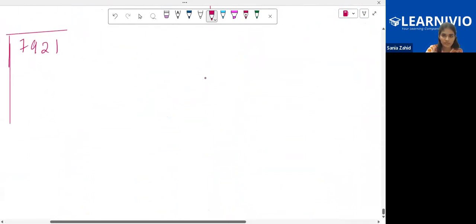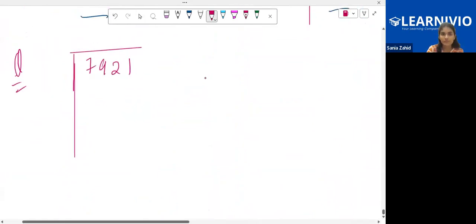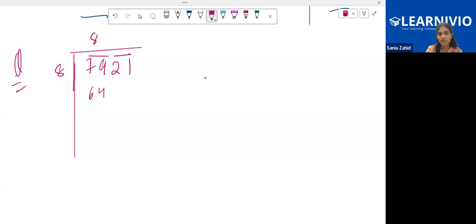Ma'am, we make pairs from 21 and 79. Okay. And then the closest perfect square to 79 is 64. 8 into 8 is 64. What is left? 15. Okay. And then 21 drop down.